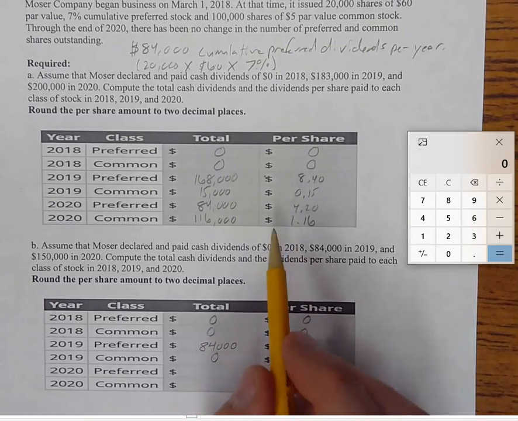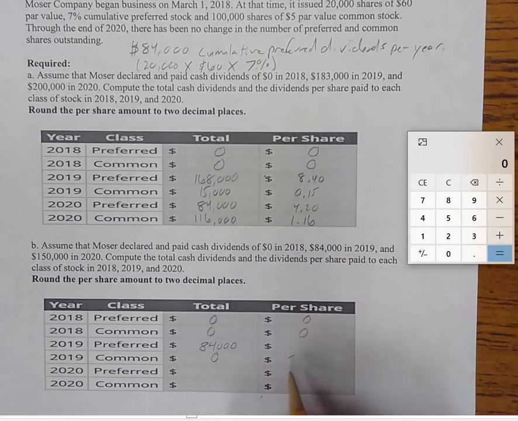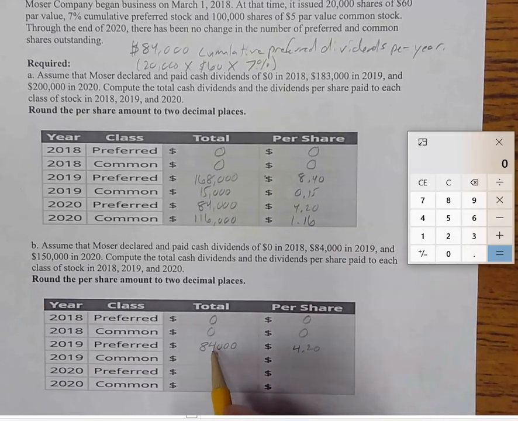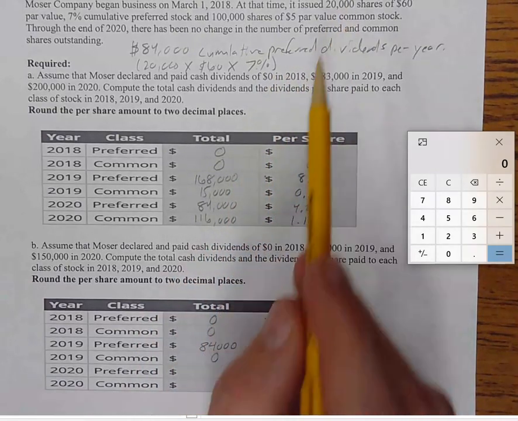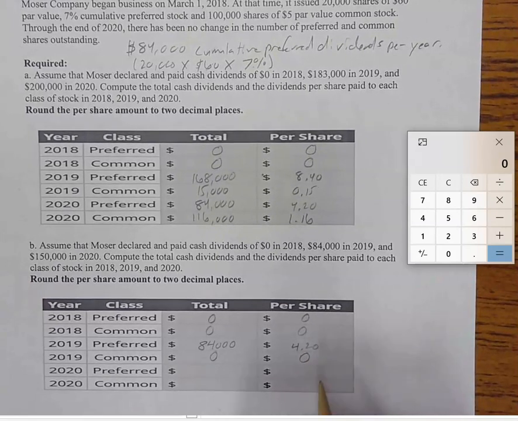Now notice up here we already had a situation where the preferred stockholders, the cumulative preferred stockholders, got $84,000, and so we've already done this math, so we can just get the per share amount, and then that's $84,000 divided by the 20,000 shares, which I think is just barely visible, gives us a per share dividend amount of $4.20, and then we would just enter 0 for the common stockholders on both the total and the per share basis.